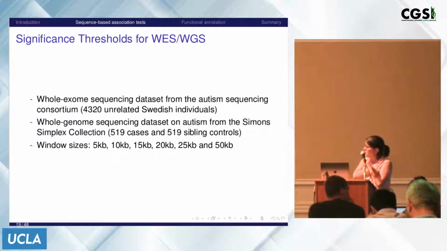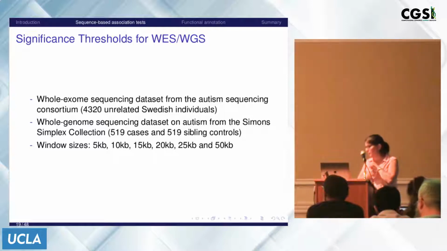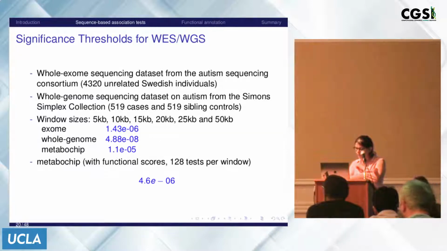For whole genome data, we use data on 1,000 whole genomes from the Simons Simplex Collection. We employed the sliding window approach. In general, we don't know what the correct window size is, so we try window sizes between 5 kb and 50 kb. And so these are the thresholds that we get.